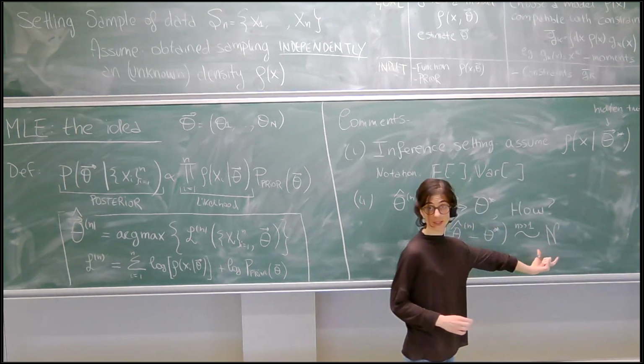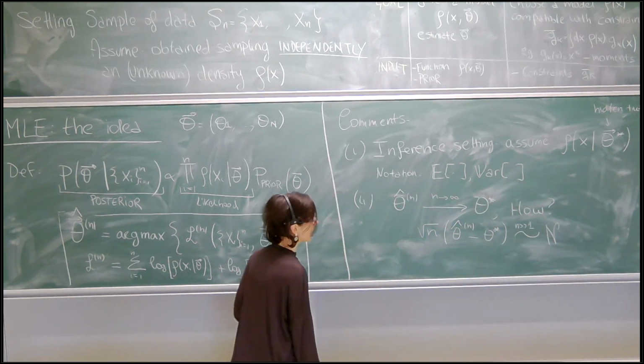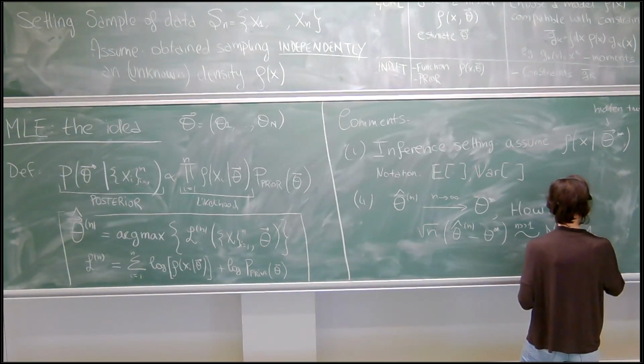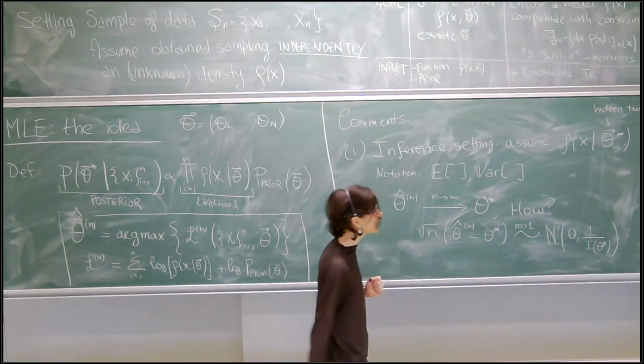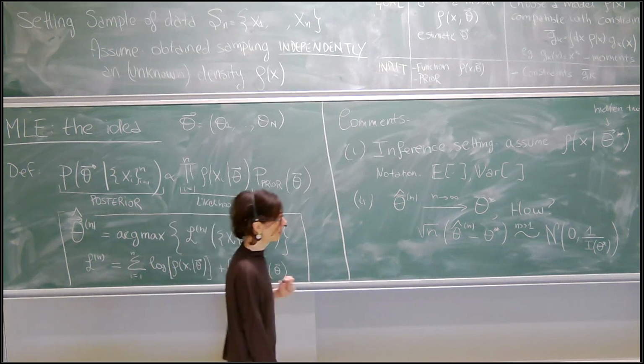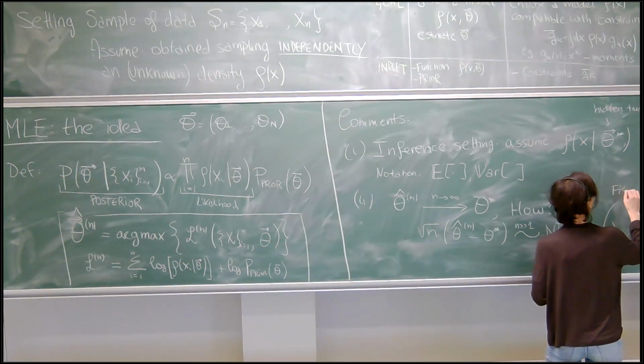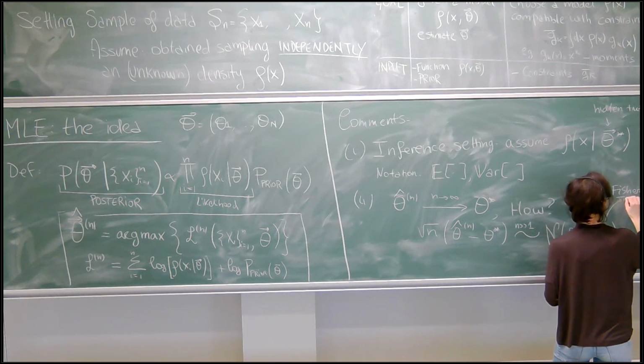So we have a normal distribution, I denote it like this. And this Gaussian has zero average, and it has a variance that is related to a function E that is what people call the Fisher information. So this E in here is known as the Fisher information.